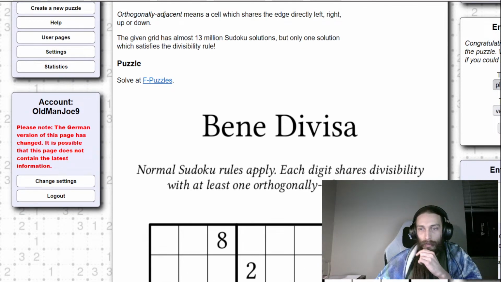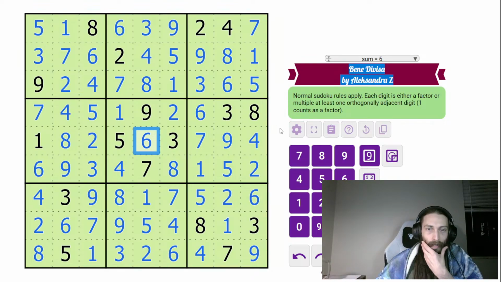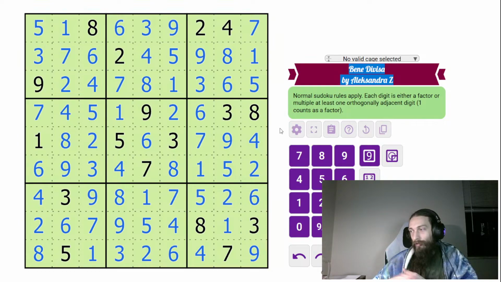It's definitely at least average, possibly hard. Because while this 6 was obvious from the beginning, even if we had placed that 6 at the very beginning, I'm not certain that.